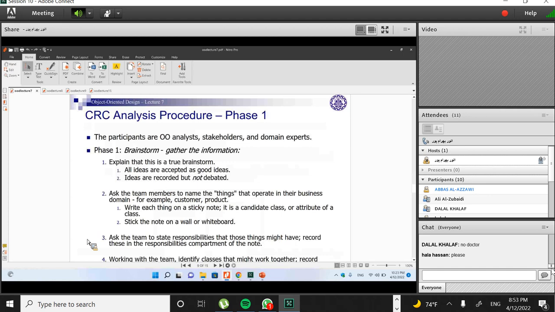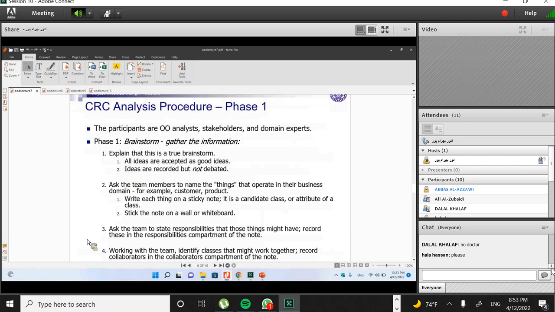But in this lecture, I introduced two phases for using the CRC card technique.